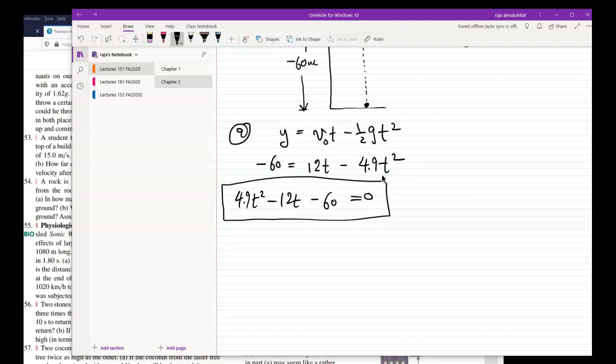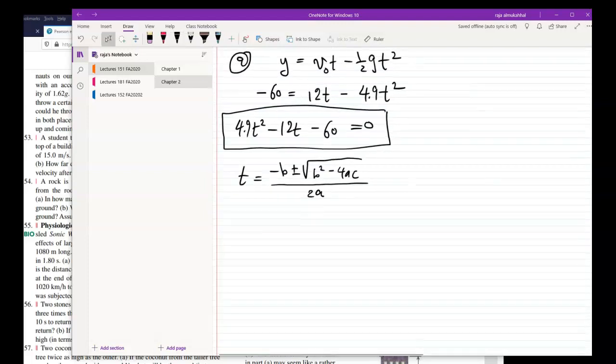So I'm going to use the quadratic formula, which is t equals minus b plus or minus the square root of b squared minus 4ac, divided by 2a. And I'm just going to plug it in. I assume you know how to do the quadratic formula.